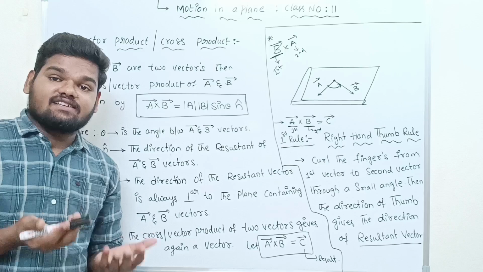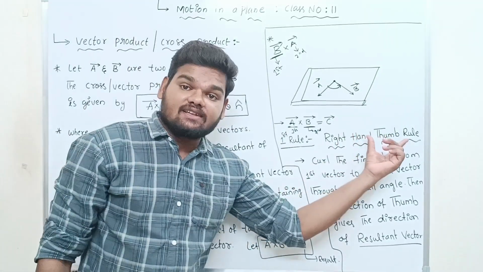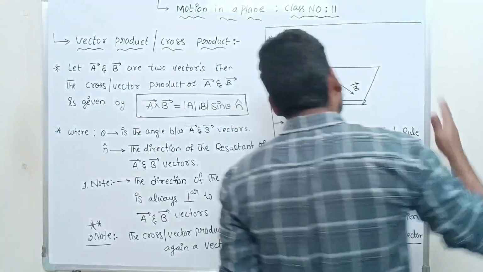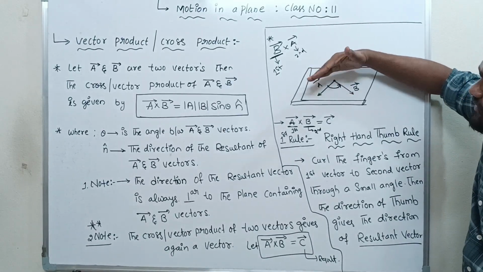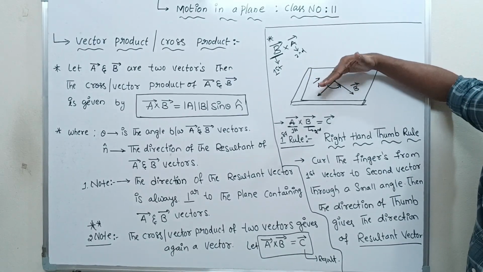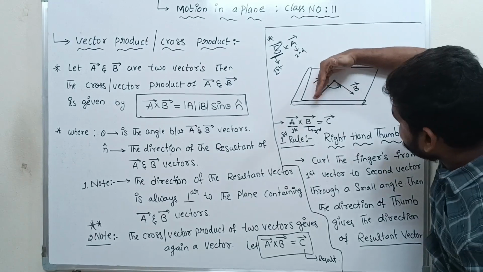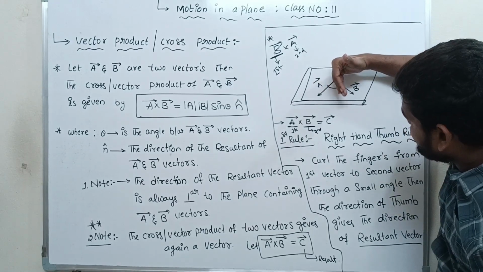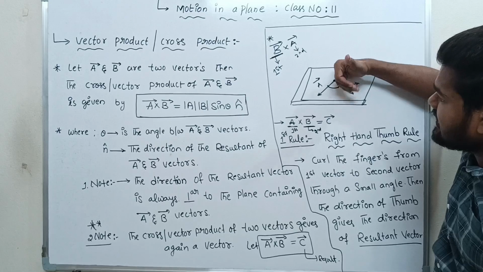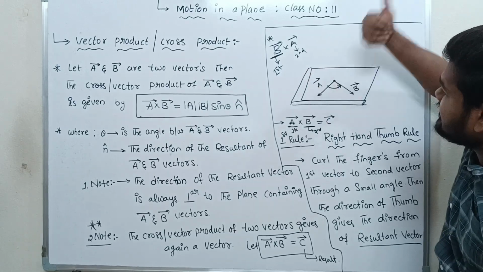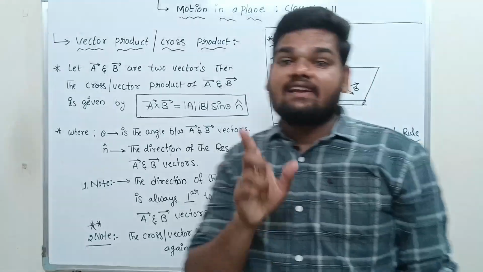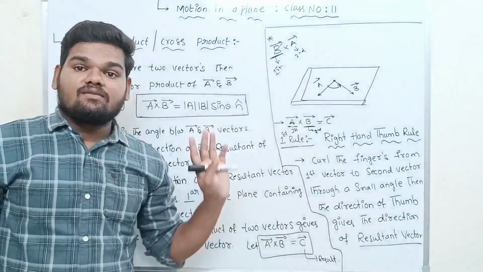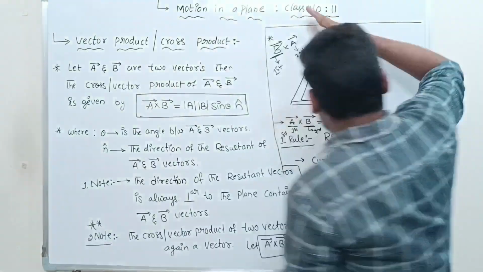So how do we find the direction of the resultant vector using the right hand thumb rule? We just curl our fingers from the first vector to the second vector through a small angle. Have a look. I'm curling my fingers from the a bar to the b bar vector through a small angle, then the direction of the thumb gives the resultant of the a bar and b bar vectors.